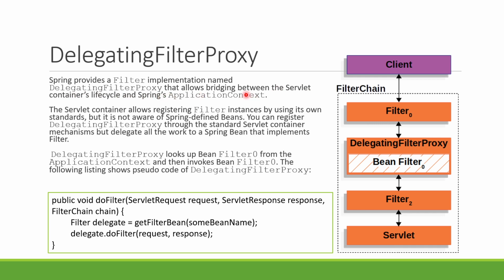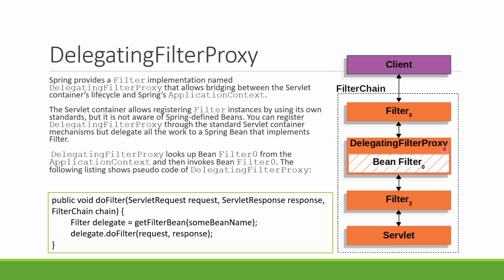You can think of Spring's application context as just a container of all the Spring managed beans, which are objects created by Spring. And this is a bridge, because Tomcat doesn't know anything about Spring beans, and we need something bridging them, and that is what the delegating filter proxy does.